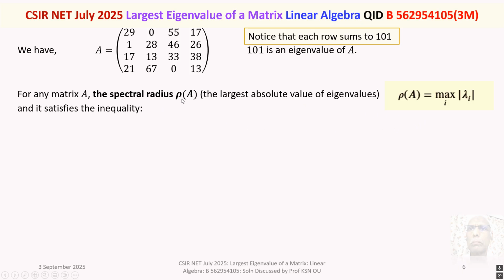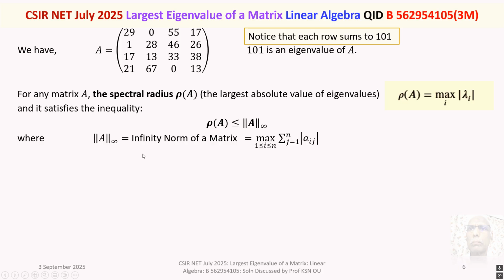The spectral radius satisfies the following inequality: rho of A is less than or equal to norm A infinity, where norm A infinity is the infinity norm of the matrix A. How is it defined? It is equal to the maximum row sum taking absolute values.